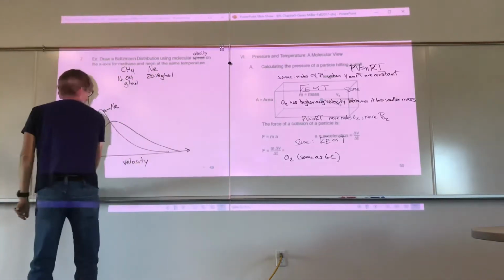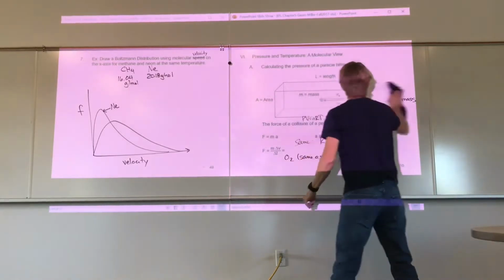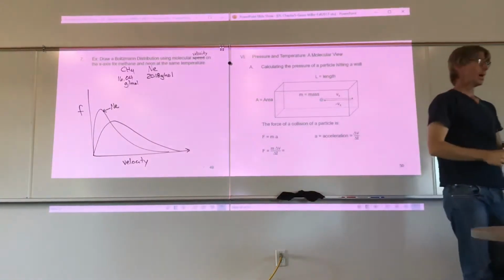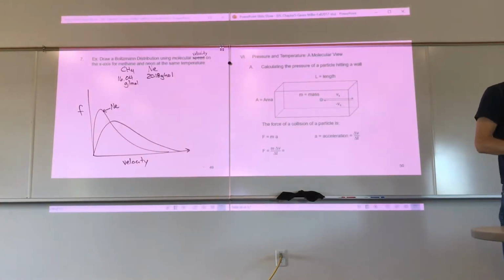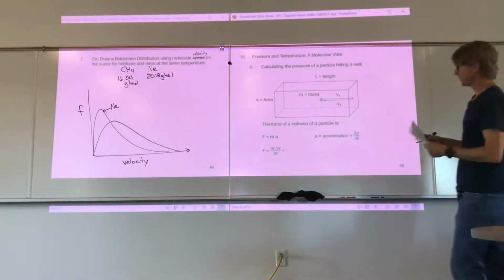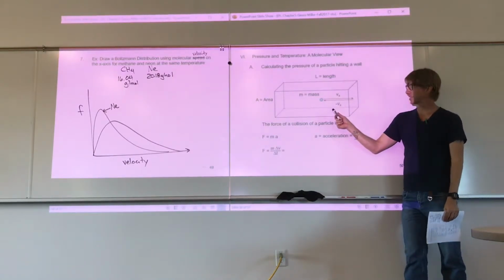Pressure and temperature, a molecular view. I'm going to give this molecular view one slide. There's actually much more to it, but I taught it once and it went over like a lead balloon. But there's a branch of chemistry related to physics, and a branch of physics as well.